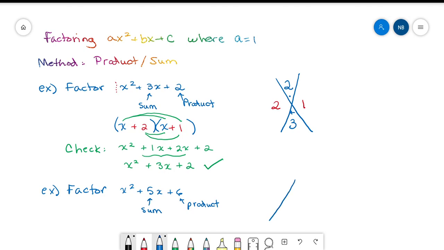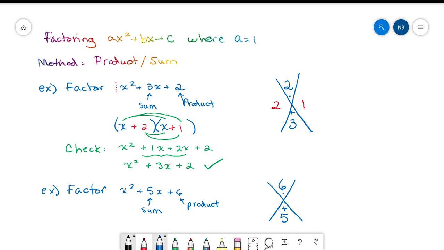So if you want to use this big X to help you remember, go ahead and set it up. It's certainly not necessary. The constant term goes at the top, that's our product, and the middle coefficient goes on the bottom, and that will be our sum.